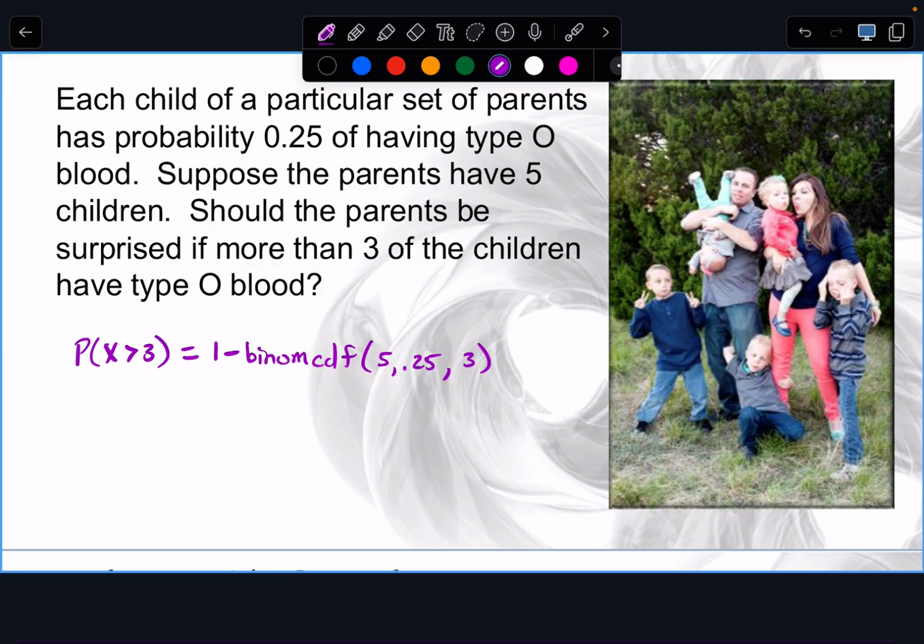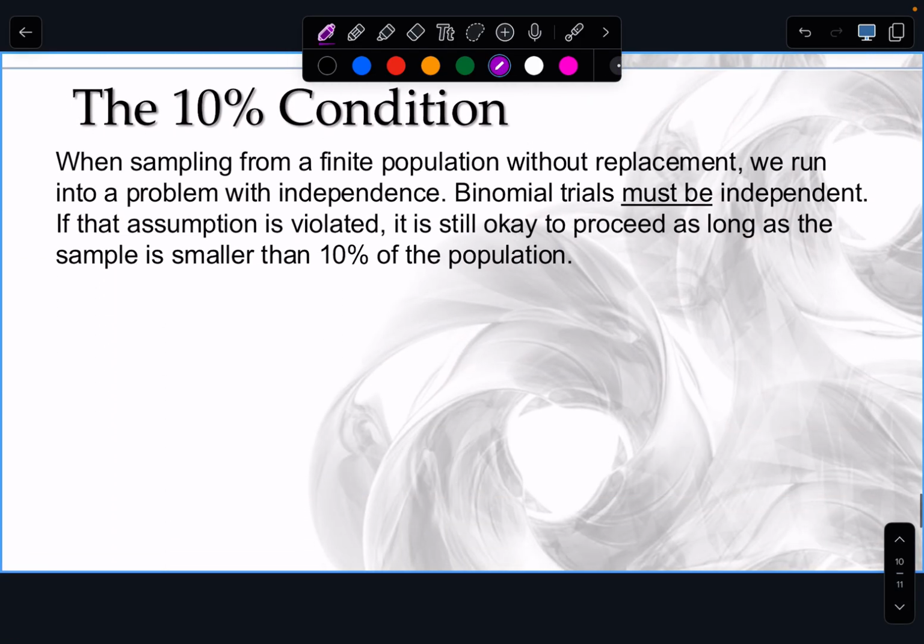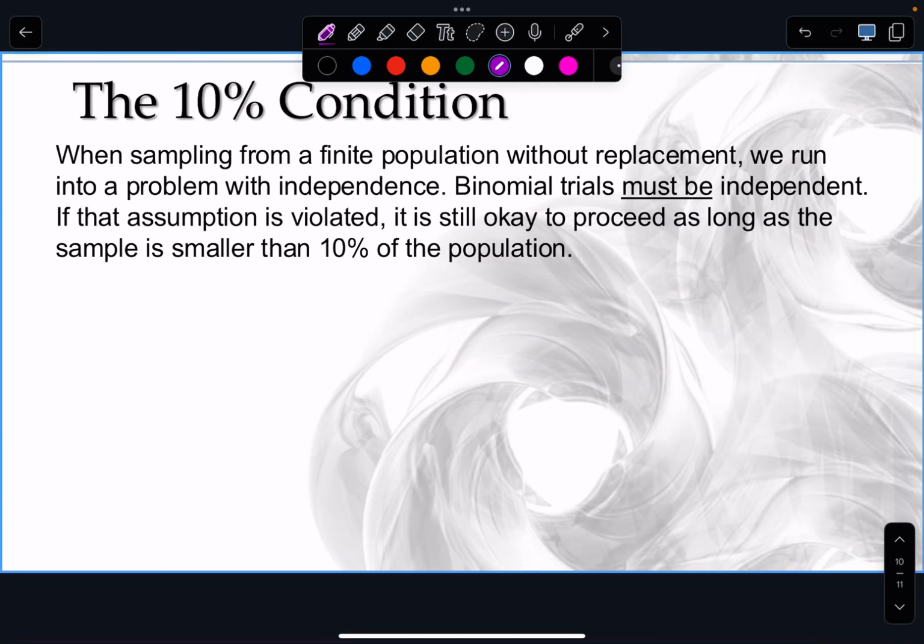Last thing real quick here. When we sample from a finite population without replacement, we talked about this earlier, we run into a problem with our independence. So a fix for this, because a lot of real-world scenarios require the use of sampling from a finite population without replacement, we are still able to assume independence as long as the sample we take, the number of trials we use, is less than 10% of the entire population.